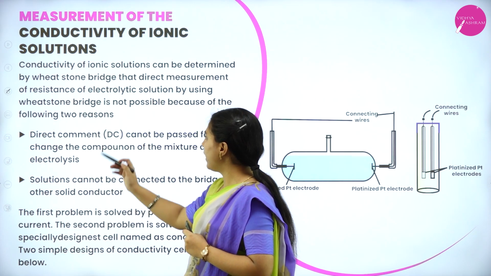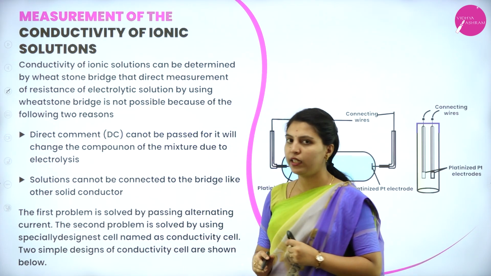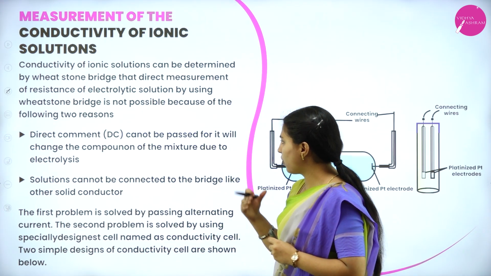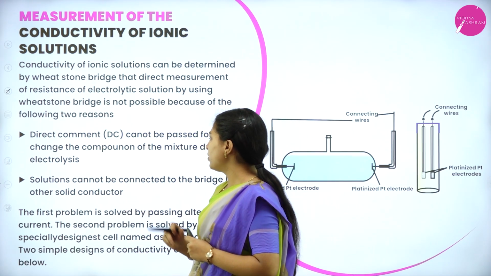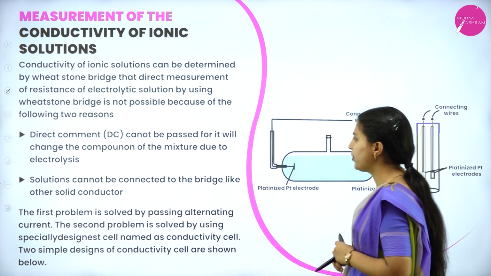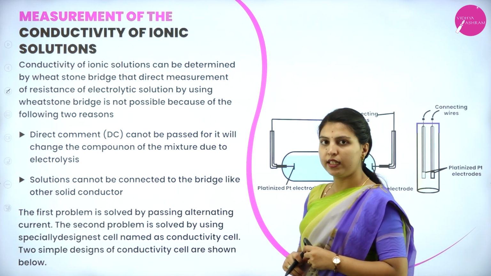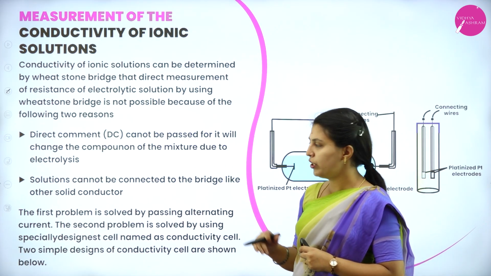Those two reasons are: direct current cannot be passed, because the temperature or the composition will change due to electrolysis; and solutions cannot be connected to the bridge like other solid conductors. These are the two reasons.